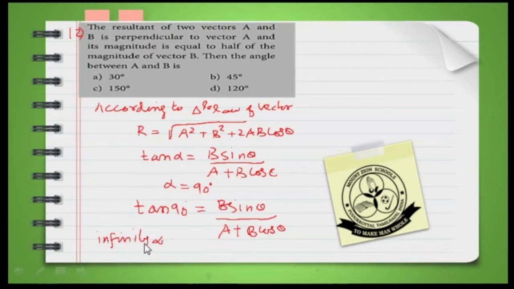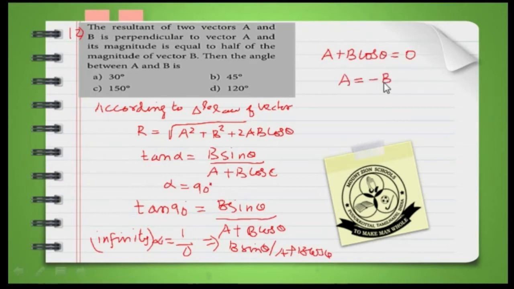Infinity is equal to 1 by 0, that's equal to B sin theta divided by A plus B cos theta. So from this step we understand that A plus B cos theta is equal to 0, and so A is equal to minus B cos theta.